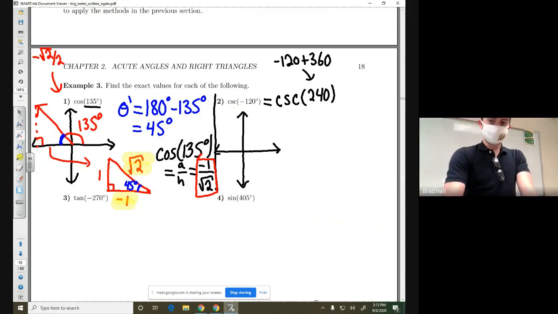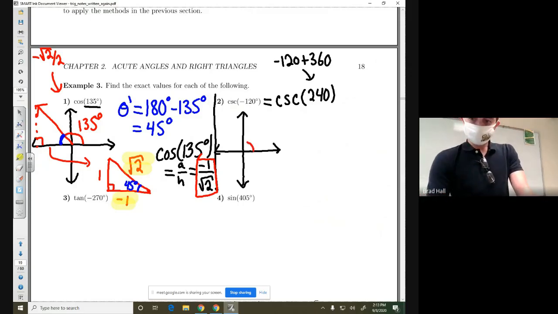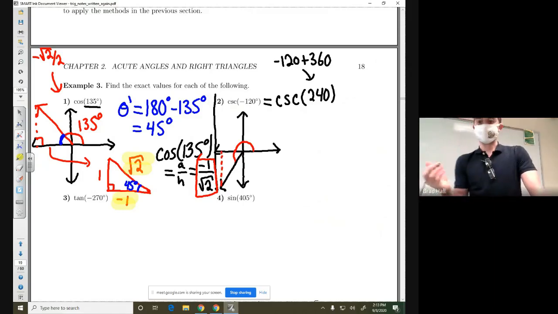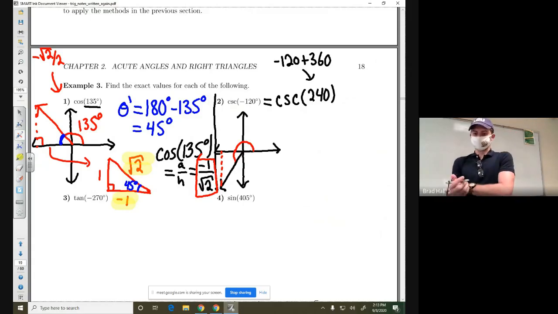So 240 degrees: that's 90, that's 180, doesn't quite reach 270. So it'll come out to about right here, which we can proceed to triangulate. So it taps out in quadrant 3.